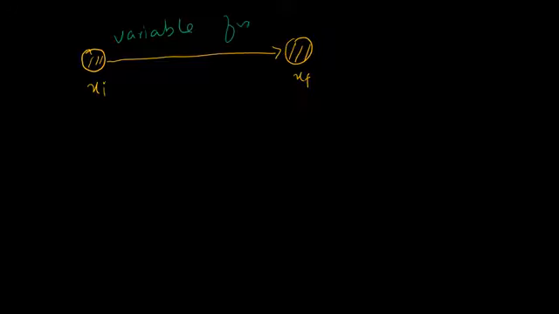So the force acting on it is a variable force, which is not constant over this interval from xi to xf. If we plot a graph between the x component of the force and the x-axis, so this one is the x-axis and this is the x component of force. If we plot a graph, it will be like this one.